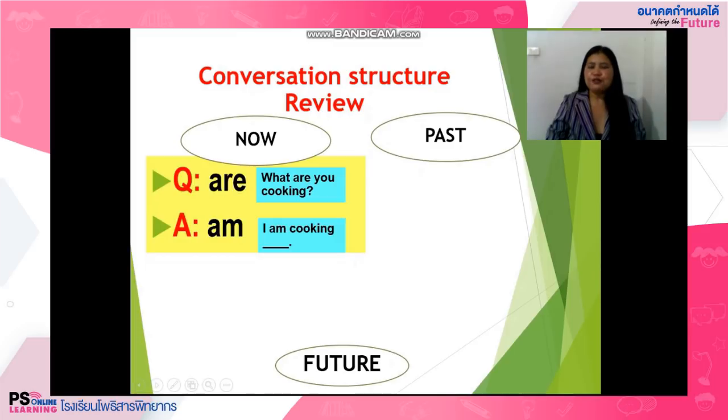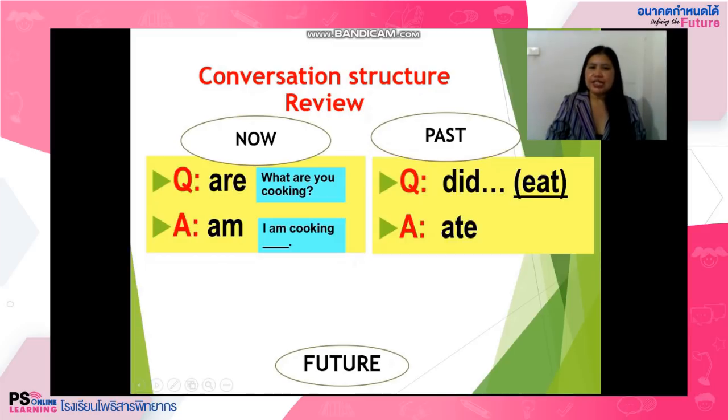For the past tense, we used did and then the main verb, eat. You can change this with the verb have. And when you answer, you have to change the main verb into simple past tense. What is the past tense of eat? That is ate. If it is have, then you have to use had.